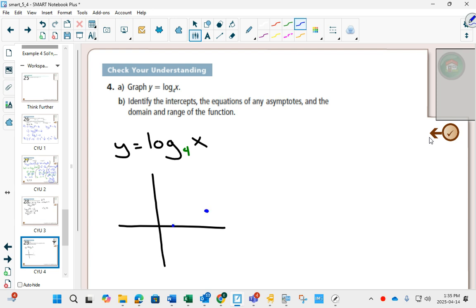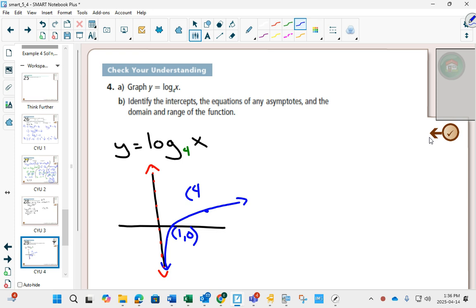You will know the following 2 points and the following shape, along with the asymptote. The 2 points you're going to know is that every log graph goes through (1, 0). And if logs solve for exponents, what number is easy to put in for x that you know the exponent for?